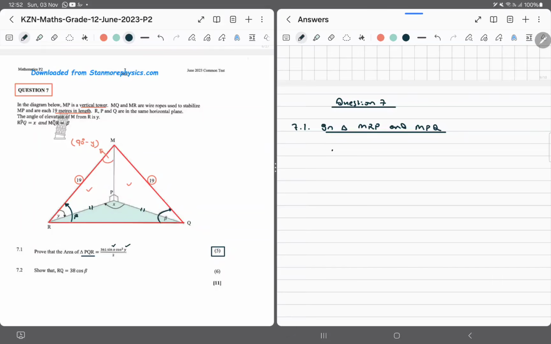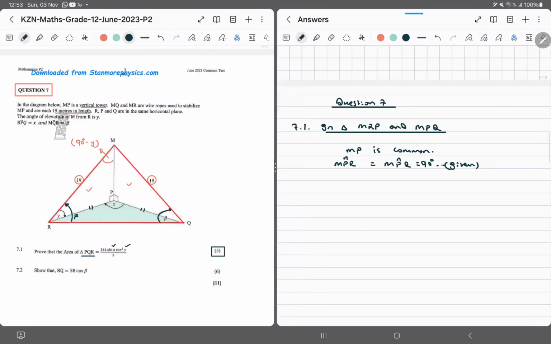MP is common. And then we know that MPR is equal to MPQ equal to 90 degrees. That is given.